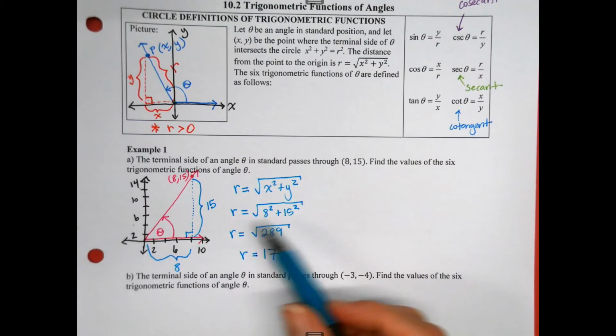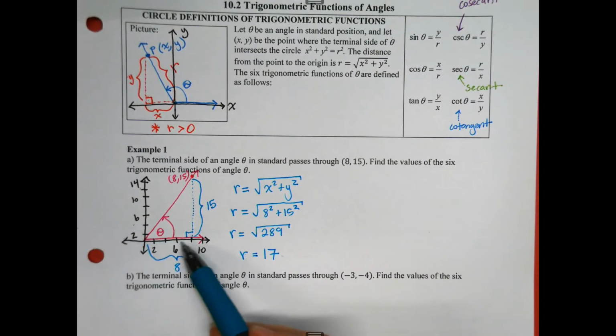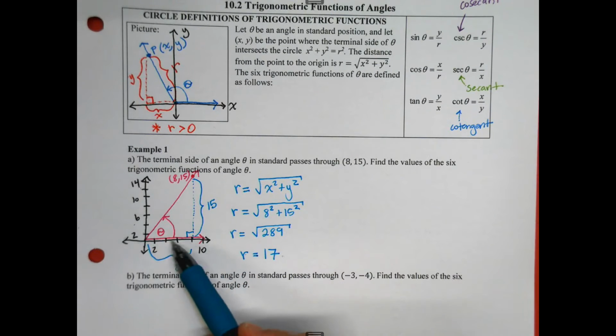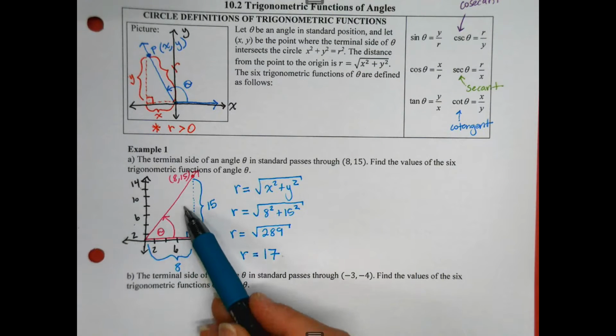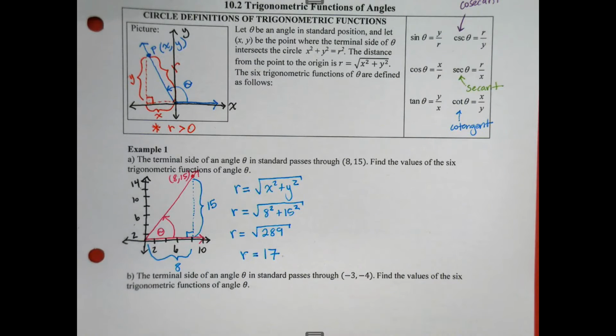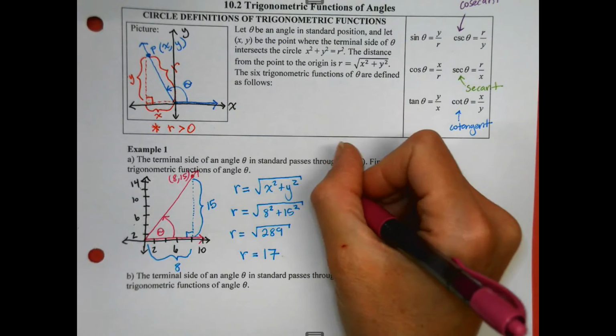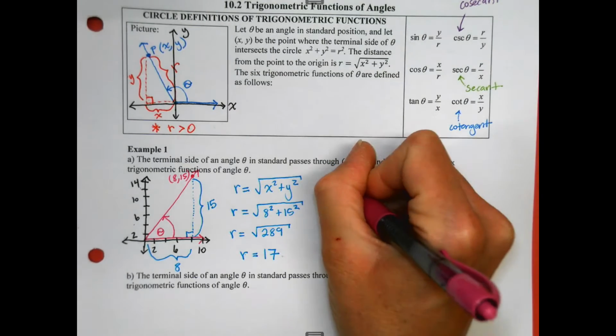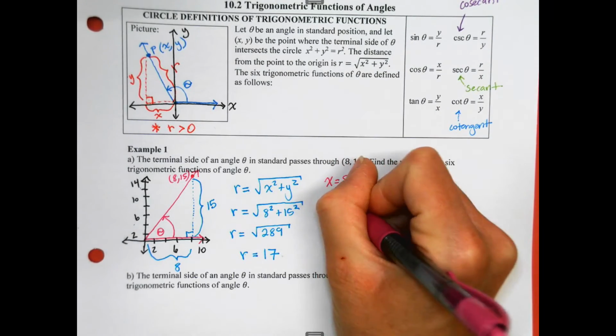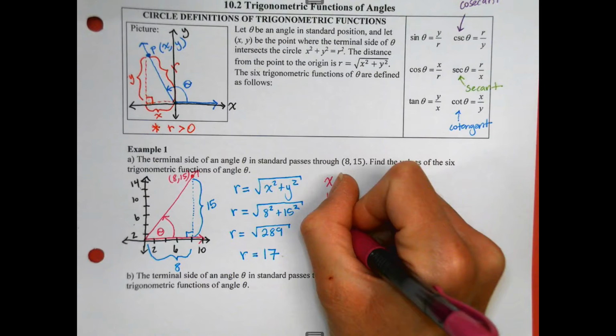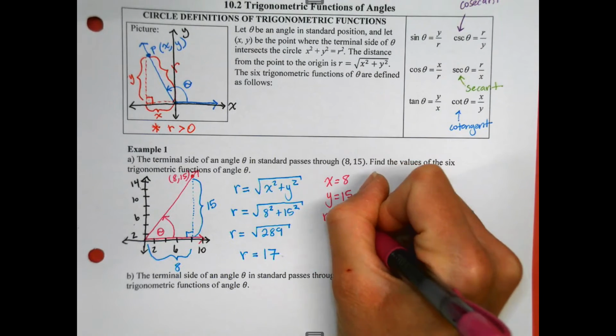And this equation comes from the fact that we have a right triangle created here, our x side and our y side. And the way that we find the hypotenuse in a right triangle is x squared plus y squared equals r squared. Now we have all of our values. We have that x is equal to 8, y is equal to 15, and r is equal to 17.